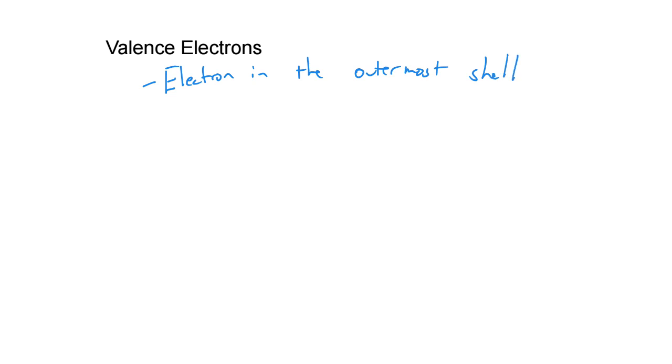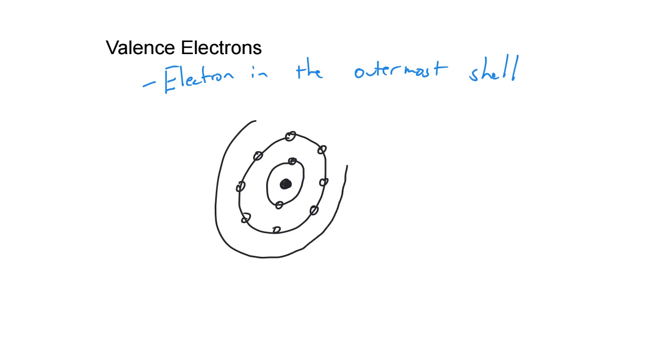So let's draw another diagram of an atom. Here we've got our nucleus. We might have a shell. The first shell always has 2 in it. The next shell out can fit 8. So let's say that this is a big enough atom that it's got 8 in the next shell. But then it only has 3 more electrons.